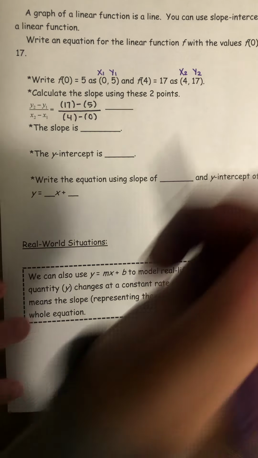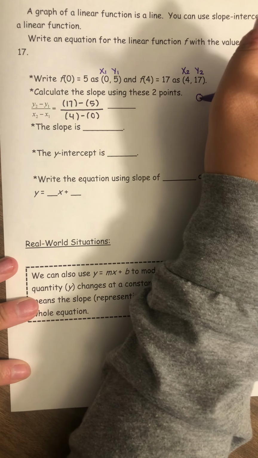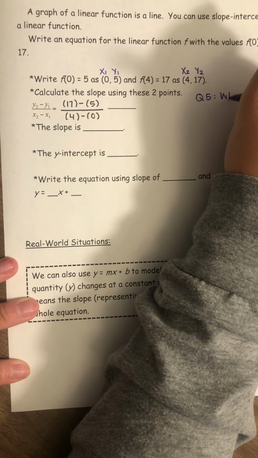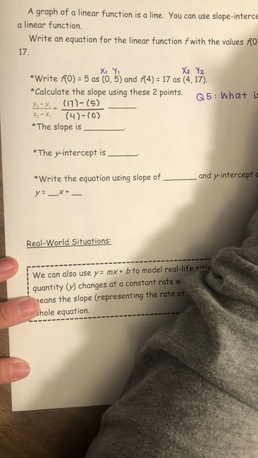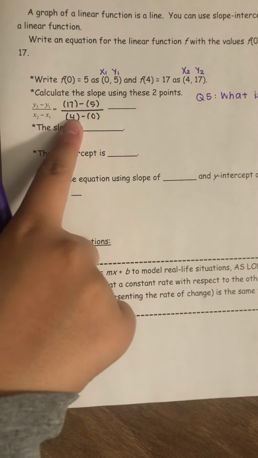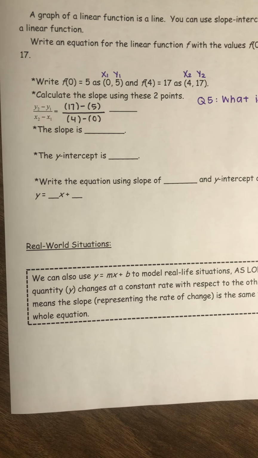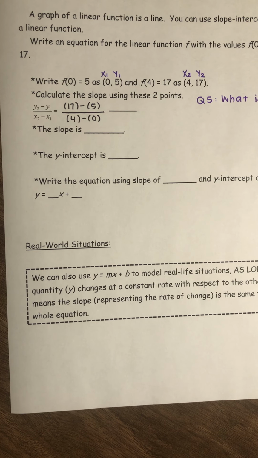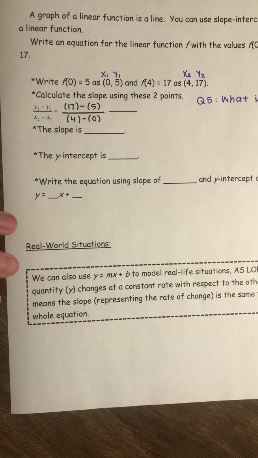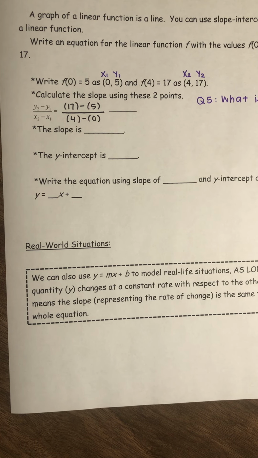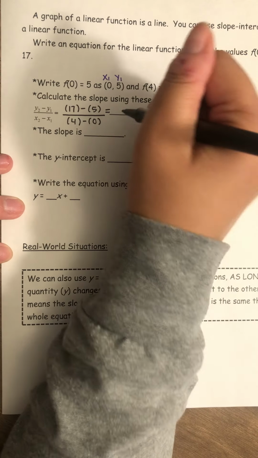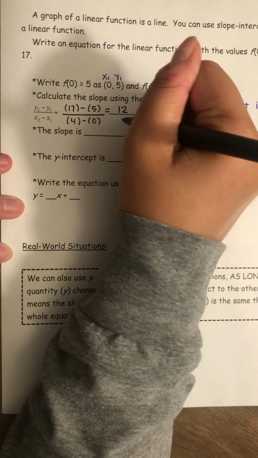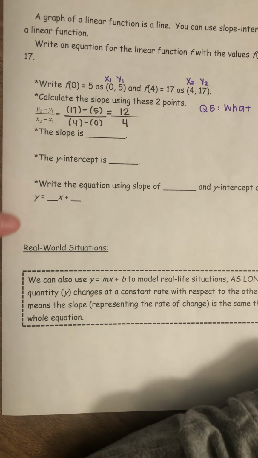Okay. At this point, your next question is, what is the slope? So we've now plugged in our values. Go ahead and take a second to calculate it, and then let me know what you get in the chat for the slope. So 17 minus 5 is 12. 4 minus 0 is 4.